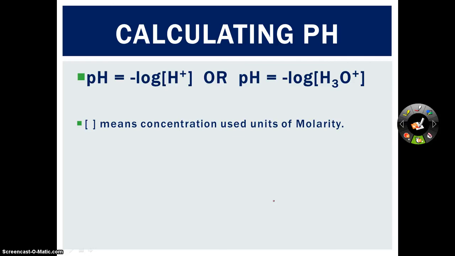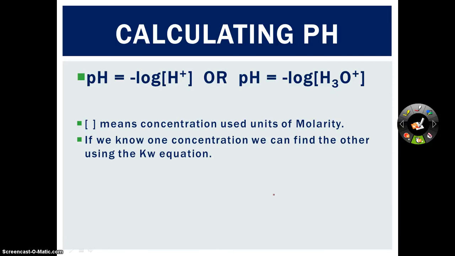Remember that the bracket means concentration in units of molarity. And then also remember, if we know one concentration, we can find the other using the Kw equation. So the Kw still comes into play here sometimes. Notice these two equations are the same thing. pH is the negative log of the hydrogen concentration or the negative log of the hydronium ion concentration, because this is the same as this.